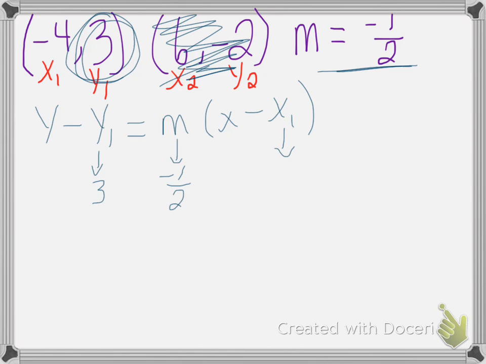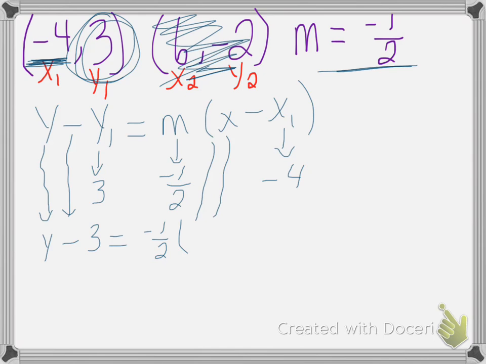And x1 is over here, -4. Bring the y down, bring the minus down, bring down the 3 equals -1/2, bring down the parentheses, bring down the x, bring down the minus sign, and then bring down the -4.